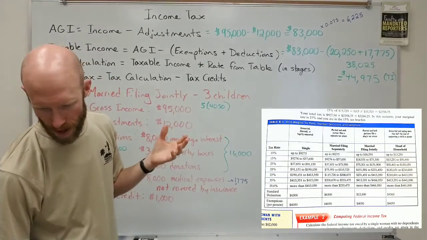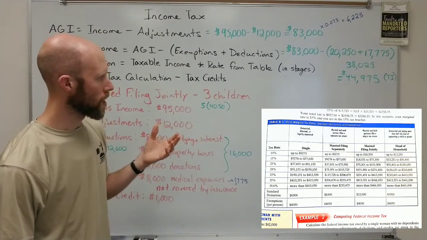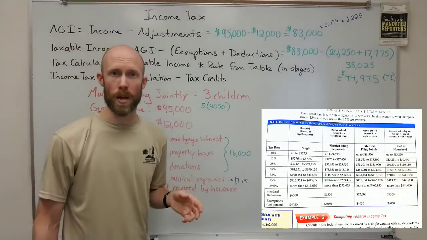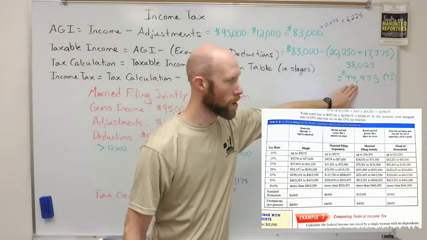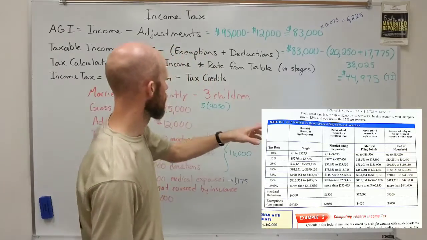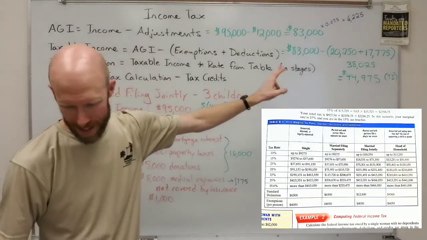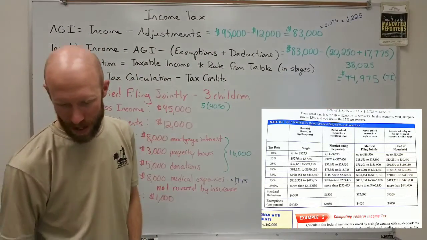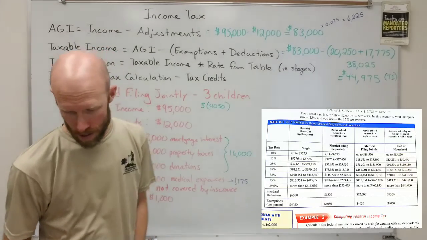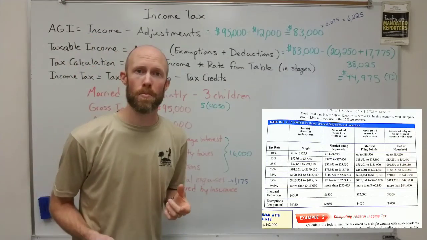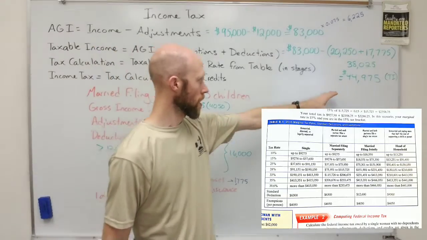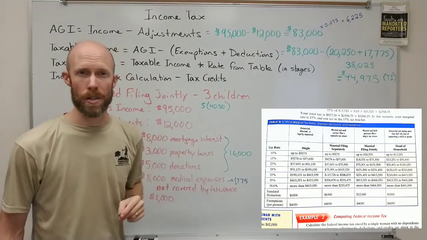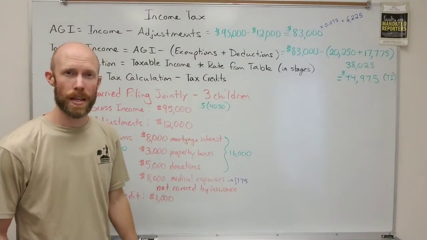Then up to 75,300 gets the 15% rate. Now the taxable income does not surpass that 75,300. So this couple is in the 15% tax bracket, and we only have to deal with two amounts here. Okay, so let's get rid of that table.